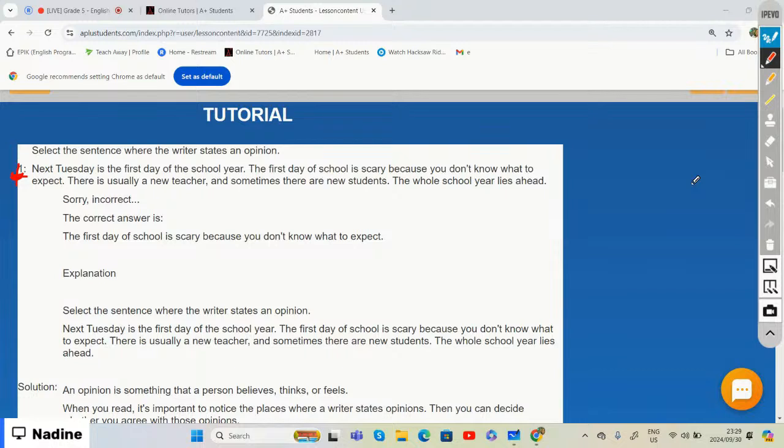We need to identify one of those sentences where the writer states an opinion, the writer's point of view. And remember, an opinion is something that a person believes or thinks or feels is true. It is your viewpoint on something.